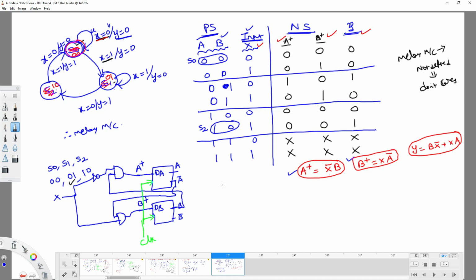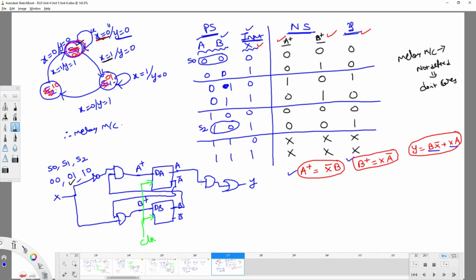For the given circuit, output Y is defined in terms of an OR gate. So B X bar plus X A. So X A you have to use compulsorily somewhere. So I am trying to use A with an AND gate. Good.